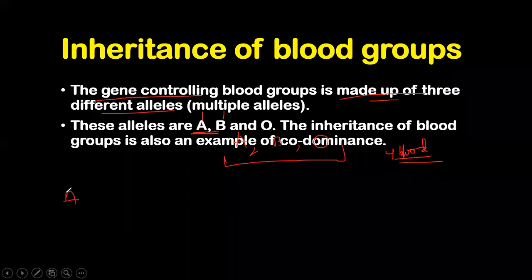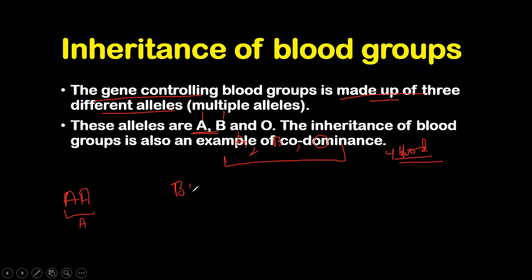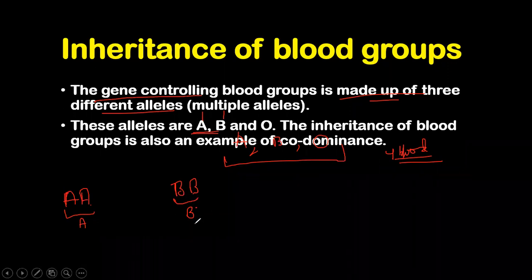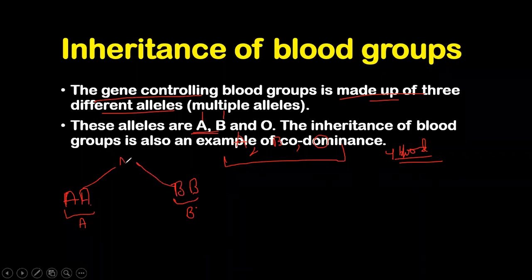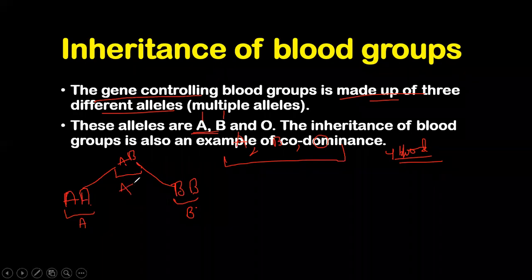It's because if these 2 alleles, for example, the A meets the A, then this one becomes blood group A. If B meets B, then this one also becomes blood group B. But if A meets B, then they form AB, and AB is neither blood group A nor blood group B, but rather blood group AB.